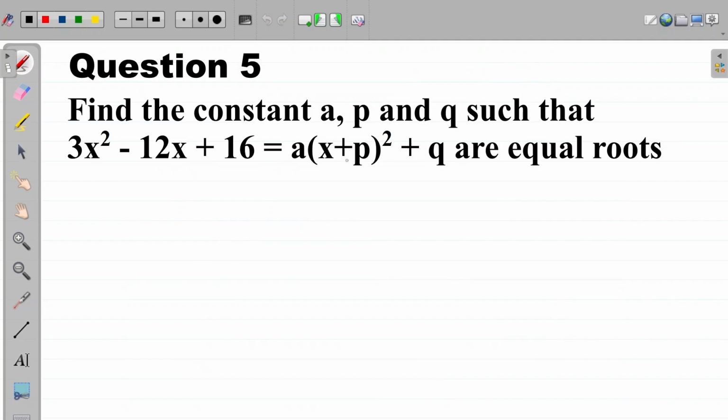Now question number 5. We are asked to find the constants a, p, and q such that 3x squared minus 12x plus 16 is equal to a, open a bracket, x plus p all squared plus q.